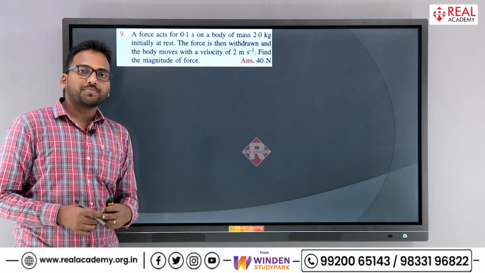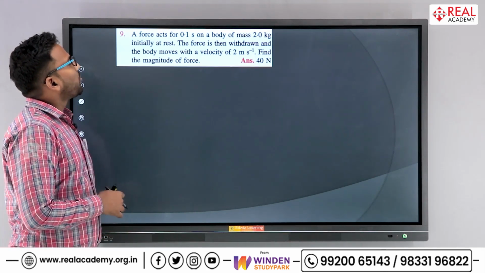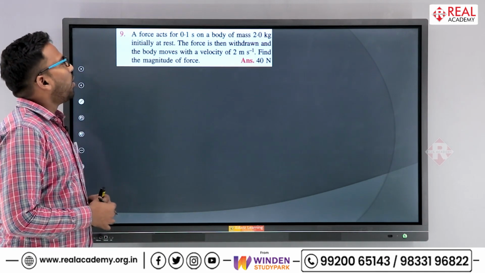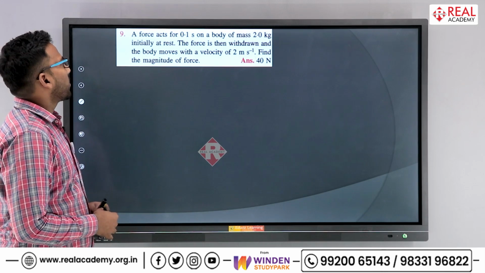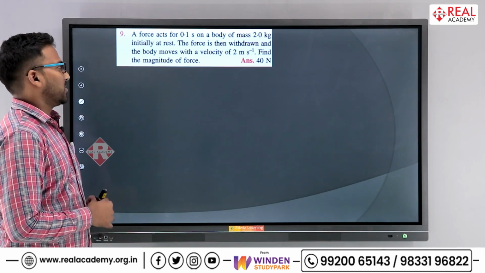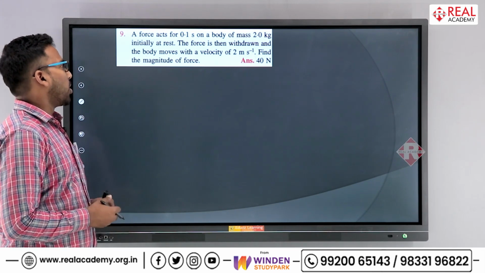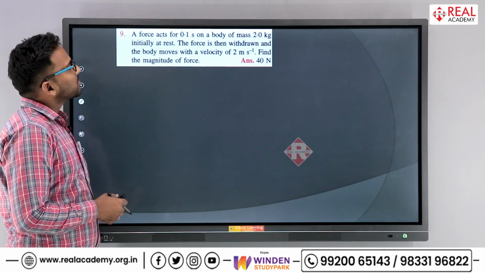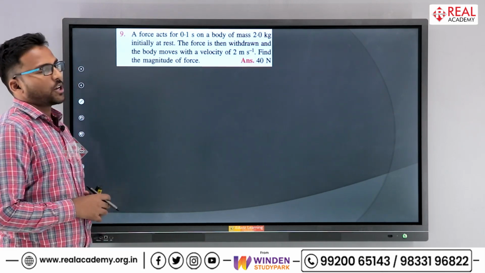Question number 9. A force acts for 0.1 second on a body of mass 2 kg initially at rest. The force is then withdrawn and the body moves with a velocity of 2 meter per second. Find the magnitude of force.